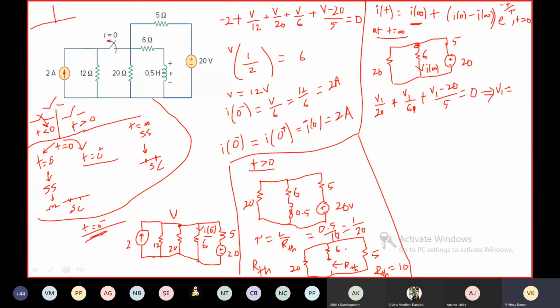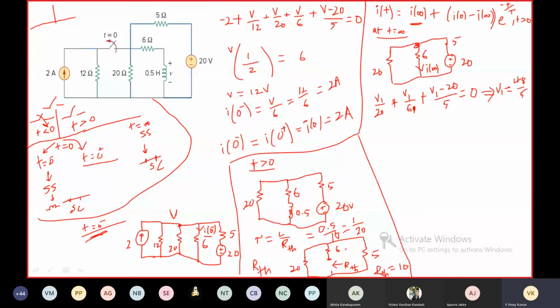Means V1 is equal to 4 into 12 by 5, which is 48 by 5.